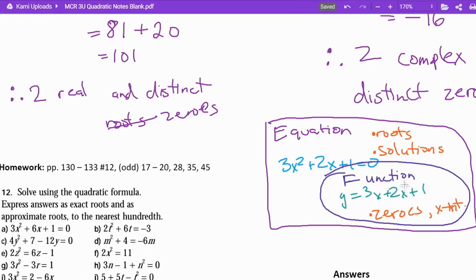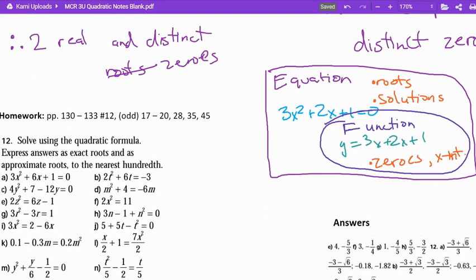Does that make sense? It's like saying that a square is also a rectangle, but a rectangle is not a square. It's one of those situations.